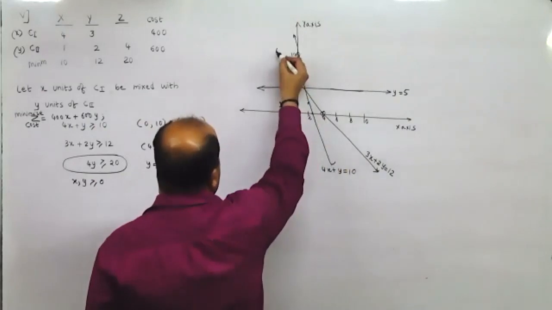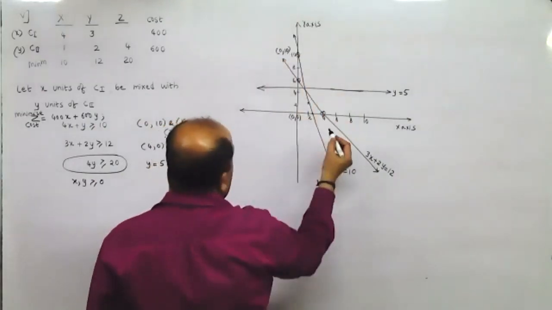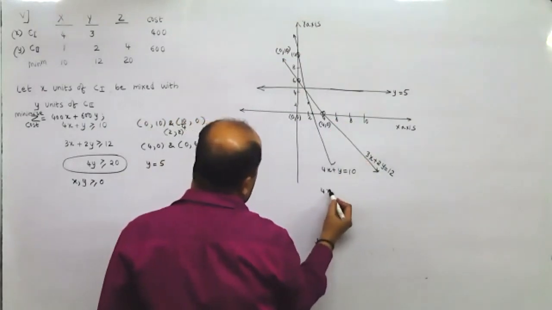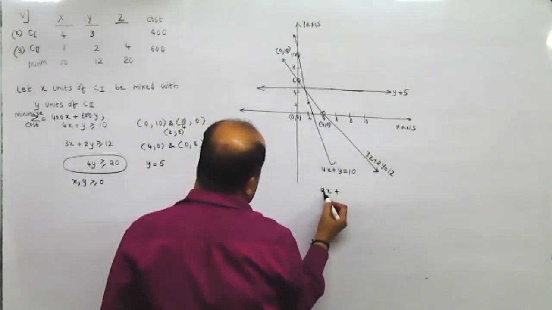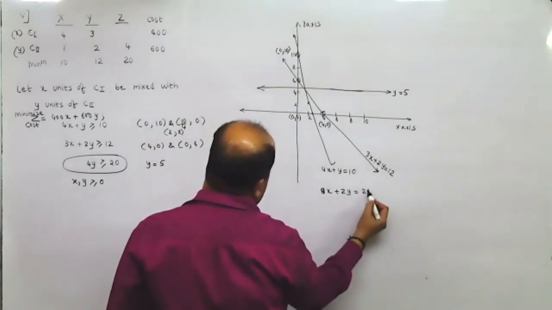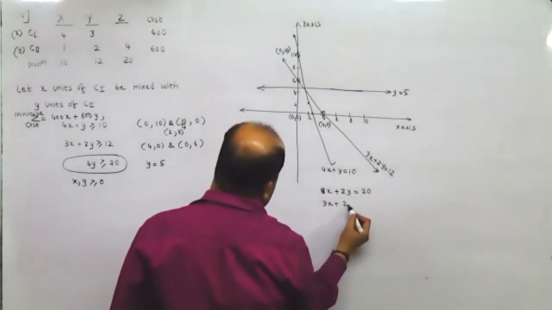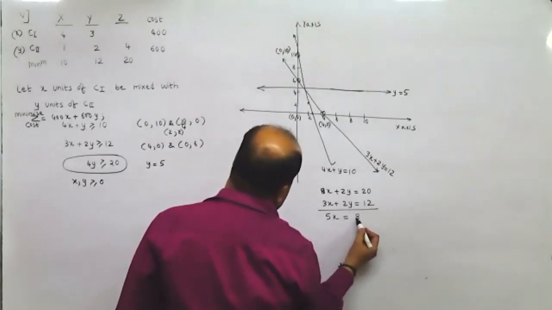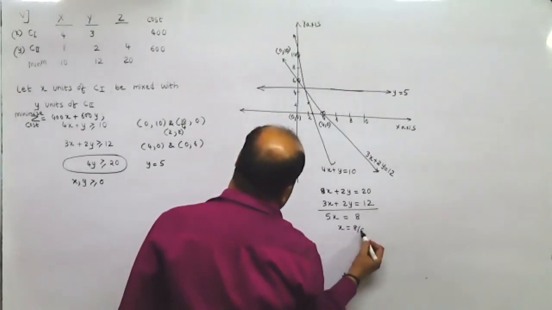We'll check it. This is 0, comma 10. This is 4, comma 0. The point of intersection of these two lines: I'll write it as 8x plus 2y equal to 20 and 3x plus 2y equal to 12. So that would be 5x equal to 8, so x equal to 8 by 5.